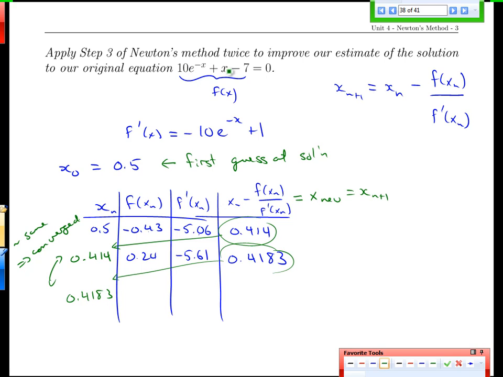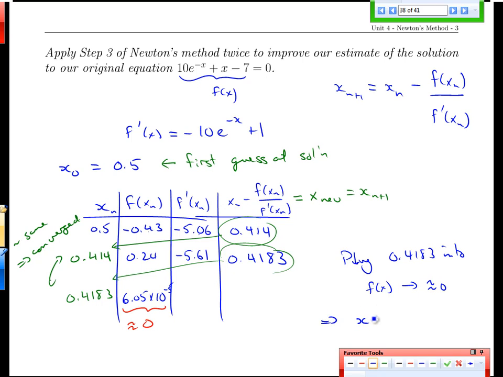In fact, we can test that by taking this number and plugging it in. If you do that, you get a number that's 6.05 times 10 to the negative 5. And for most stuff in a math class, that's very, very close to 0. So what's the translation? If we plug 0.4183 into f of x, it becomes approximately 0.